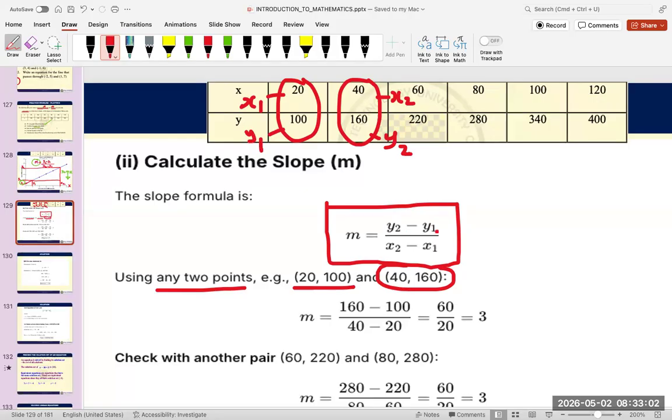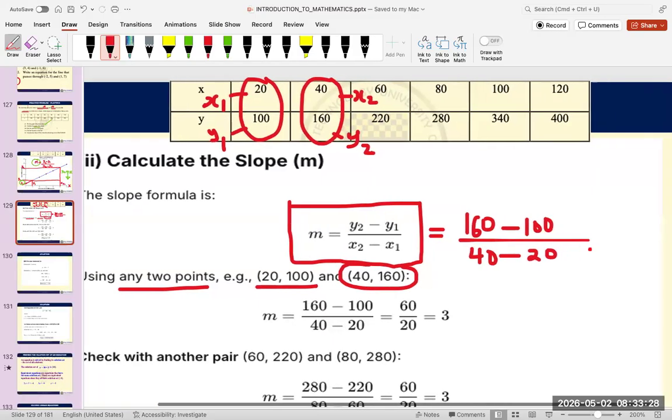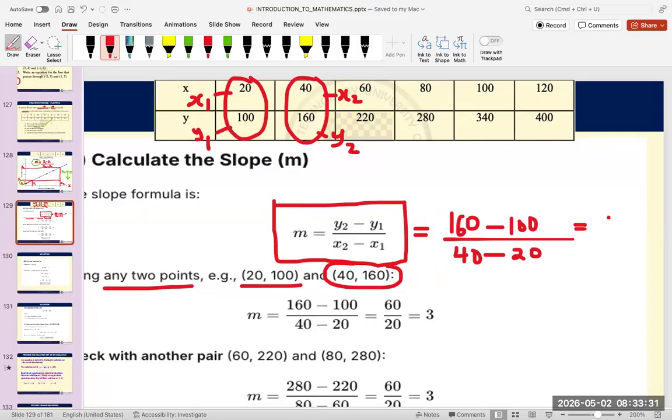So m equals y2 minus y1 over x2 minus x1 will be written as y2 is 160 minus y1 is 100, divided by x2 is 40 minus x1 is 20. When you solve this, you have 60 divided by 20, and that will give you 3. It means that m will be 3.